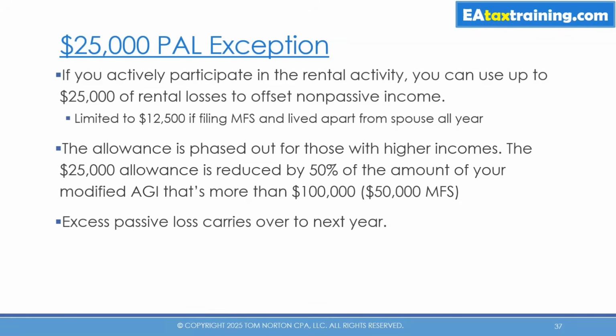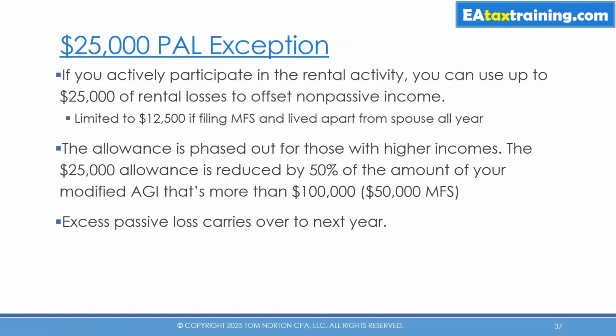If you actively participate in that activity, then you can use up to $25,000 of losses from that rental property to offset your non-passive income. So if you got your regular salary, your regular job, and you have a loss on that rental property, you can go ahead and deduct up to $25,000 of that loss on your tax return, even though it is a passive activity.